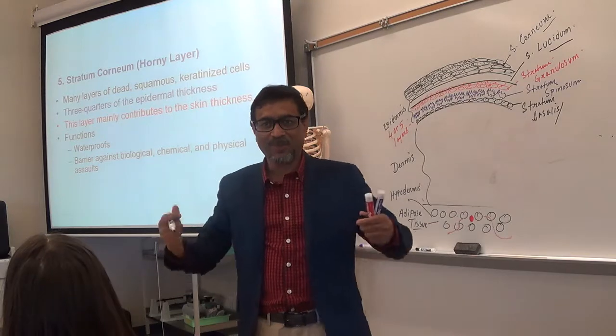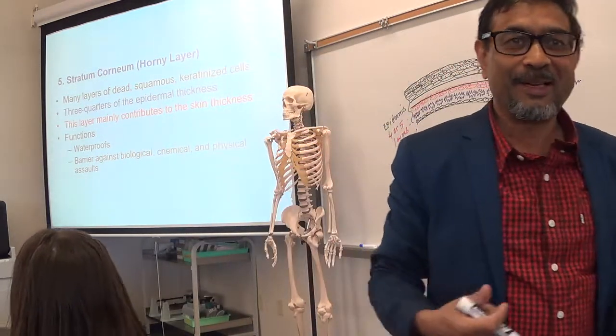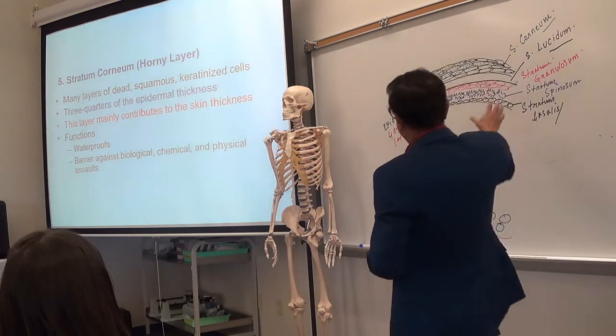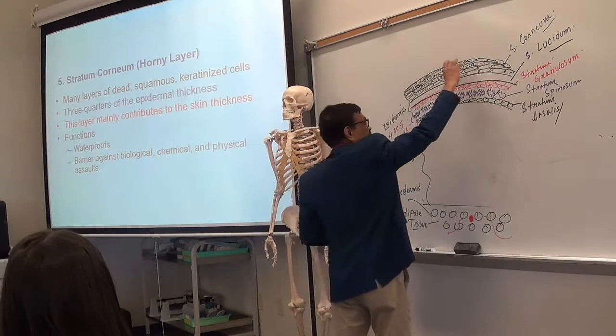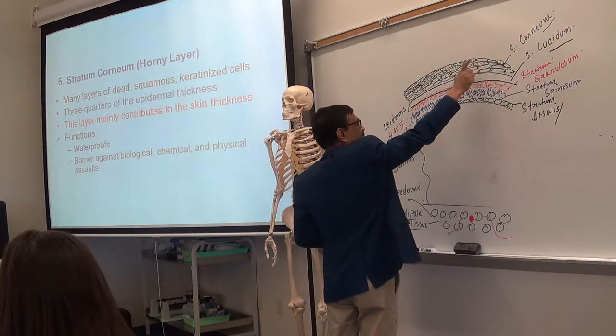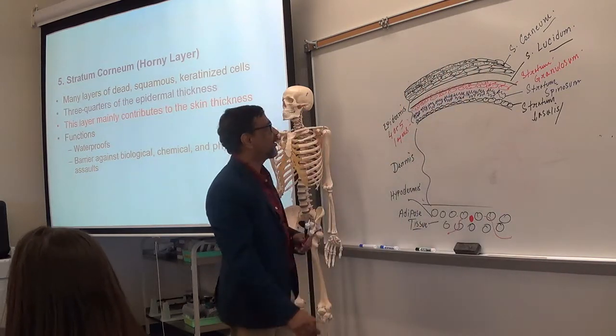If it did, when you came out, you would be big, with a lot of water inside your body. That doesn't happen. So waterproofness is important. That is given by keratin, which is heavily present in the stratum corneum. All these cells are filled with keratin, and many of these cells are dead keratinized cells.